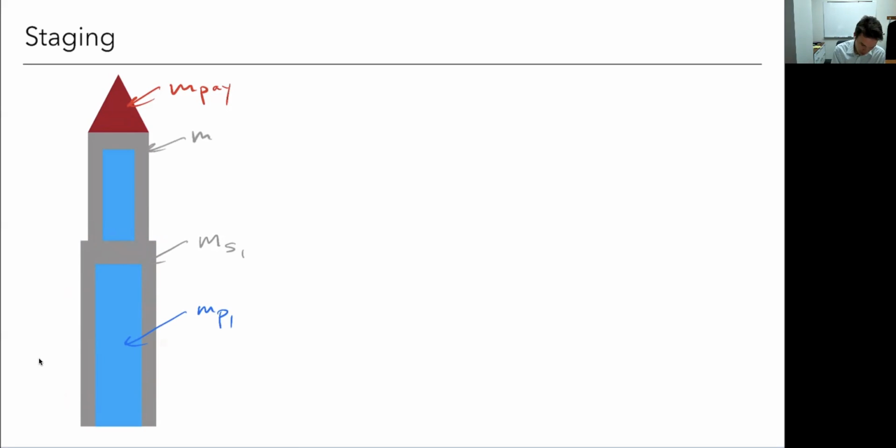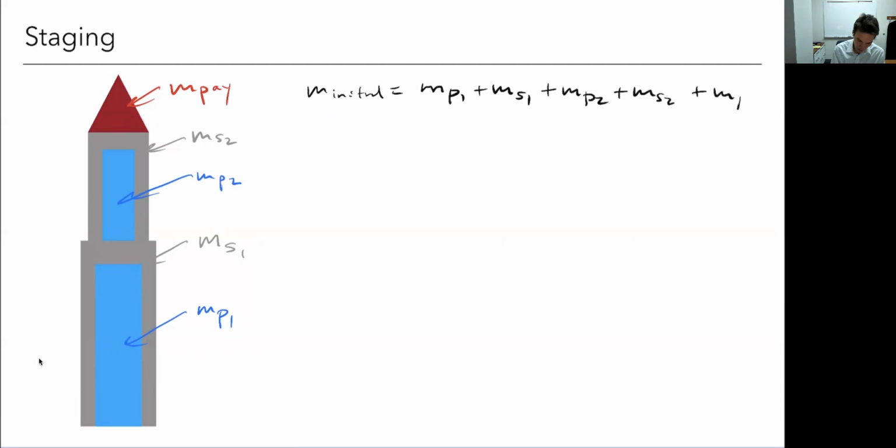So this is the structure for two, and this would be the propellant for two. So my initial mass, the mass that I start with, is going to be all of these things combined: the mass of propellant one, mass of the structure at one, plus the propellant for two, plus the structure for two, plus my payload. That's my starting mass.